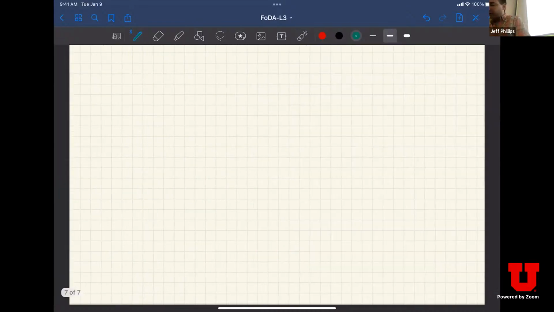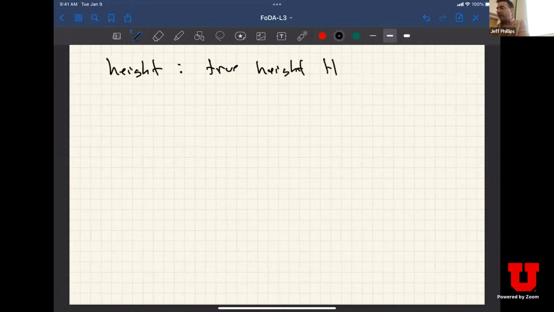Okay, let's go through another example here, where let's say the height I measure of, say, a basketball player was a combination of their true height h plus the height of the shoes.